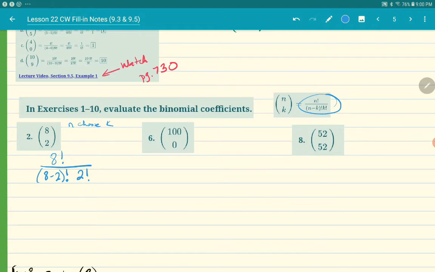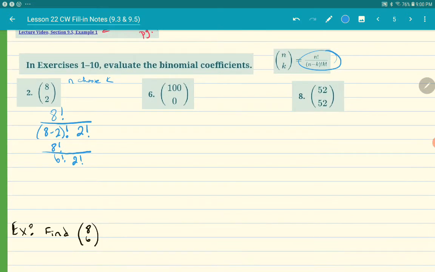All right, simplifying that, I have 8 factorial over 6 factorial times 2 factorial. I'm going to write that out, and I get 8 times 7 times 6. I could keep going. In fact, I will. I'll just write it all out. But I do know that as soon as I get to that 6 factorial, I'm going to write the 6, the 5, the 4, the 3, and the 2, and the 1 again, and I'm going to cancel those.